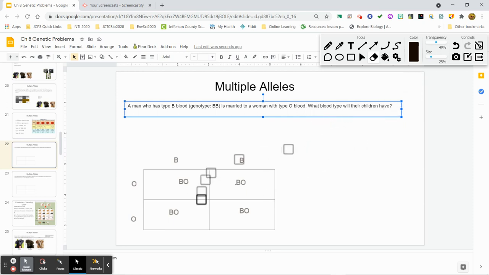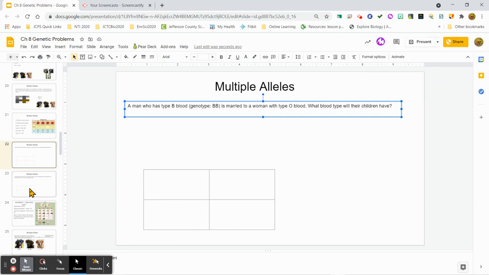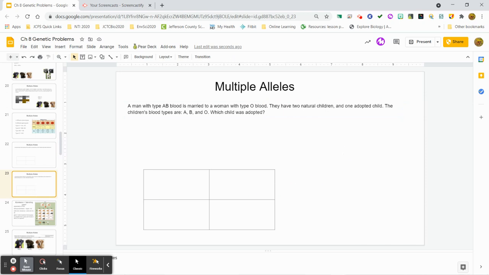Their children will have a BO. They don't really have any choice. So, okay, we'll go to the next one. A man with blood type AB. So he has blood type AB.